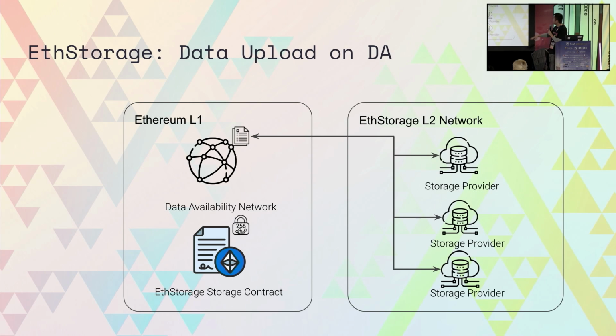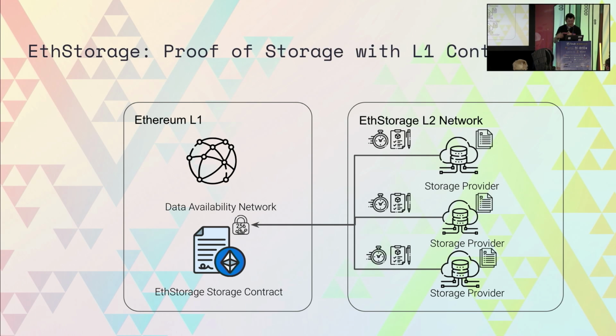And with that, the layer 2 network will retrieve the corresponding data and store it locally. And why do they store this data? That's because the contract will offer money. It says, hey, for those storage providers, if you can prove you have a physical replica of this data, and once the proof is successfully generated, then I will reward those storage providers with the Ether that the users paid.